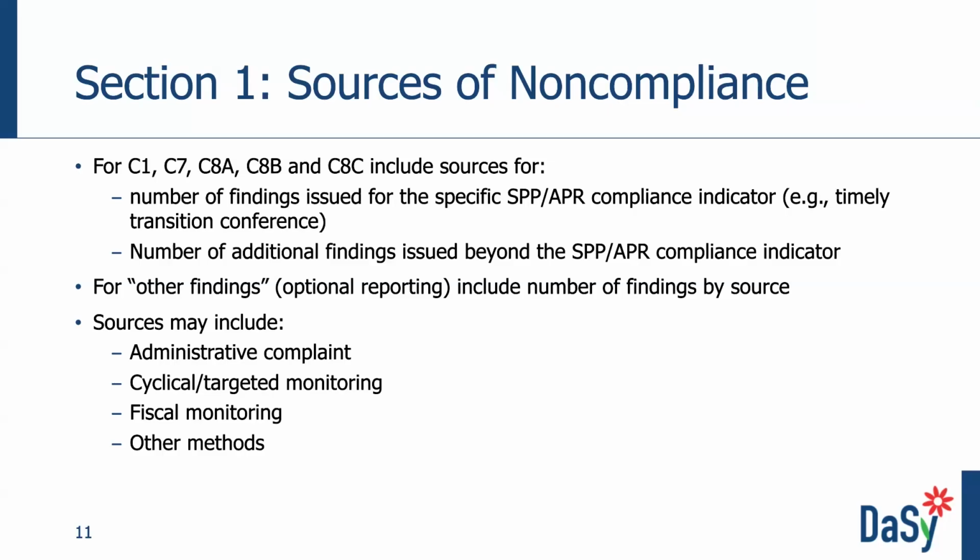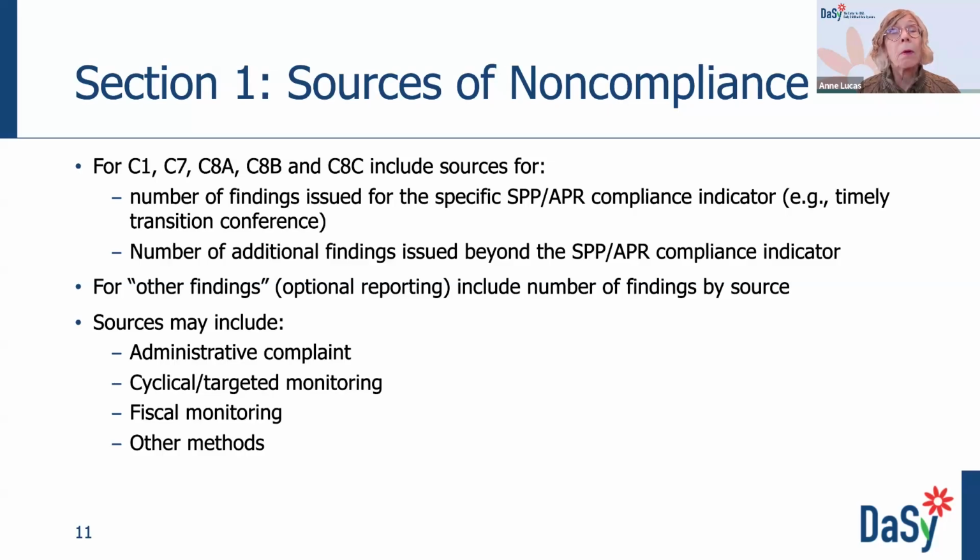Yes, and the sources, as Susan was talking about, it could be an administrative complaint, or it could be cyclical or targeted monitoring. It could even be fiscal monitoring. Maybe there are some things that you've gathered through fiscal monitoring, which I know some states are doing.